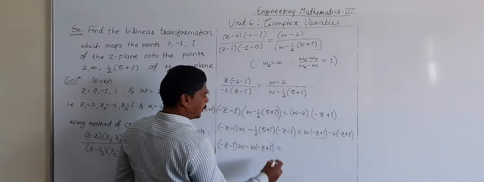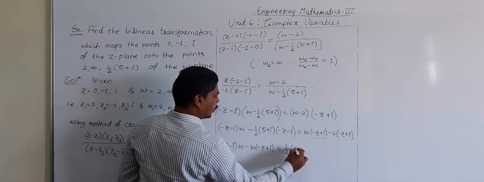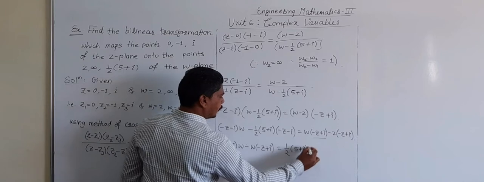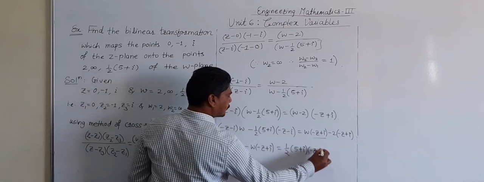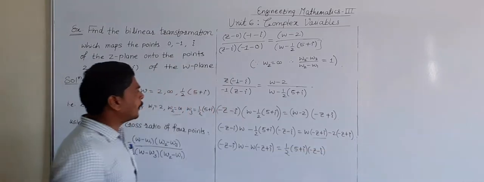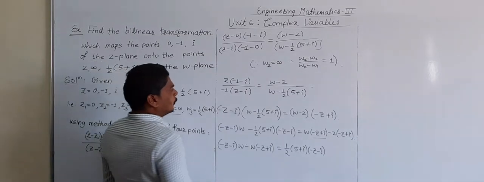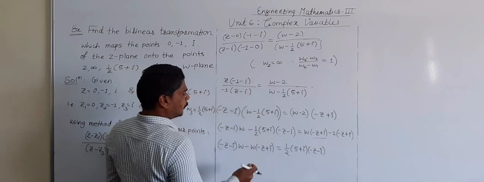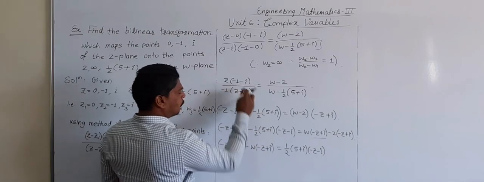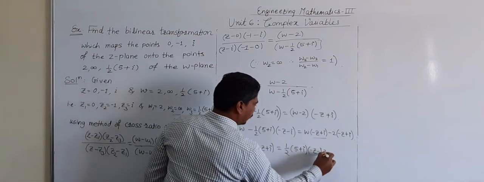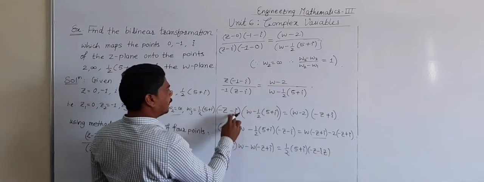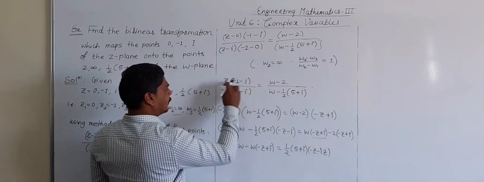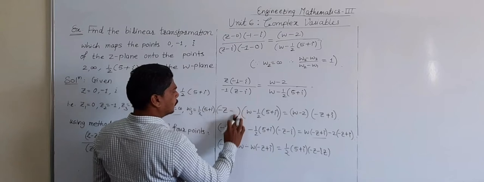shift this term toward the right side, we get plus 1/2 into bracket (5 plus i) into bracket (minus z minus i), right, minus z into minus i, minus z into minus z, iz, sorry, iz. I forgot here to multiply this z inside the bracket.